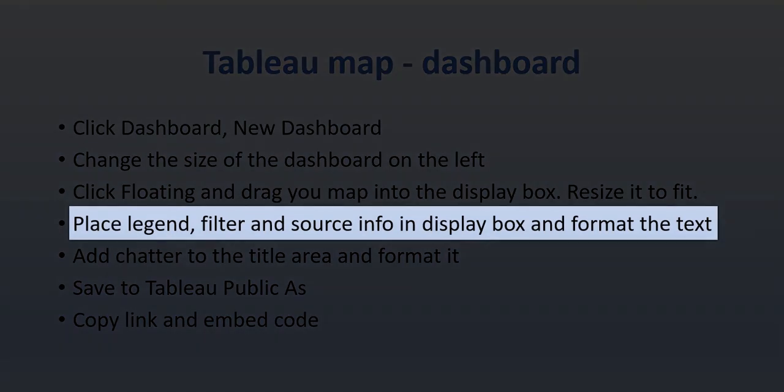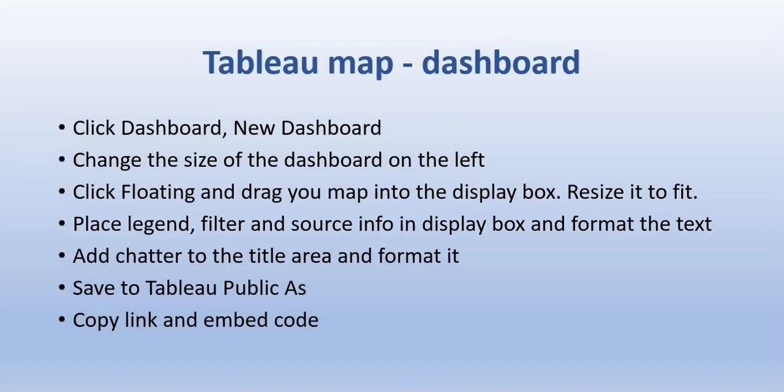And then I take care of all the legends, filters, source information. And remember, if you double click on it, you can change the font and the color. And if you right click on it, you can also change the format. In other words, add a boundary or the shade behind it.